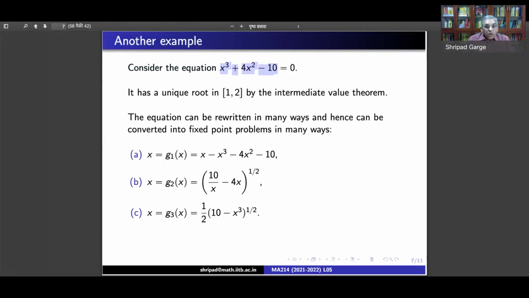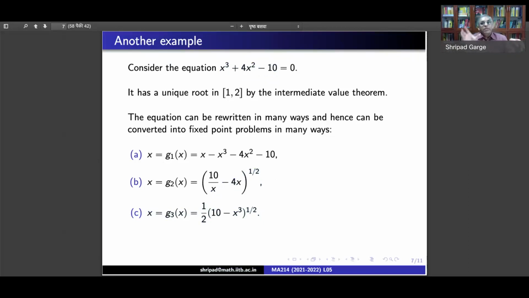On the other hand, if you have x equal to g2(x), a function g2 given on the right hand side, which is 10 upon x minus 4x, and then the whole bracket to the power 1 by 2, the square root of this whole bracket, if that is equal to x, then x square will be this bracket.